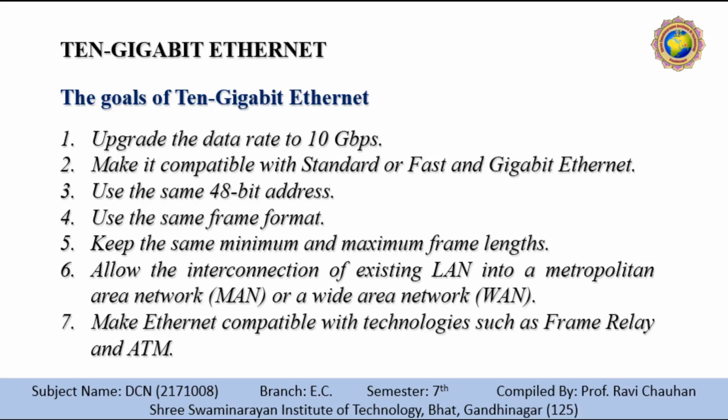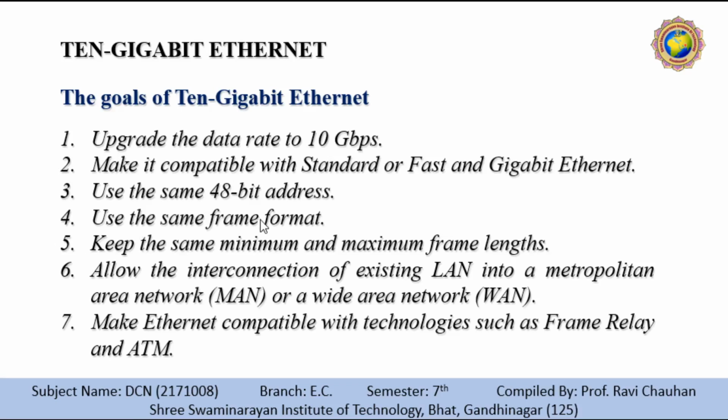The IEEE committee created the 10 gigabit Ethernet, called the standard 802.3ae. The goals of the 10 gigabit Ethernet design can be summarized as follows. It has a data rate of 10 Gbps. It will be compatible with standard, fast or gigabit Ethernet.